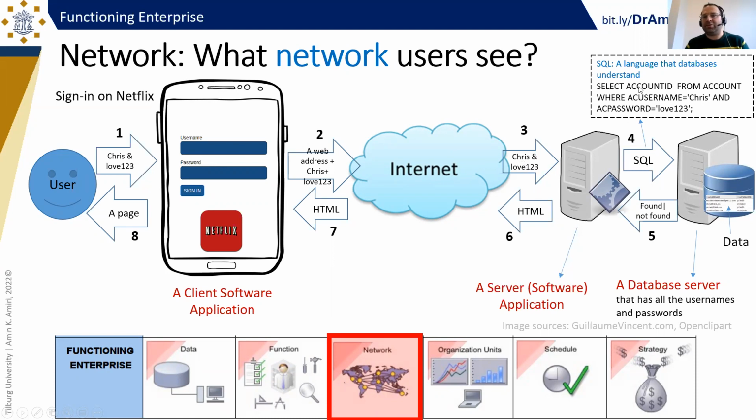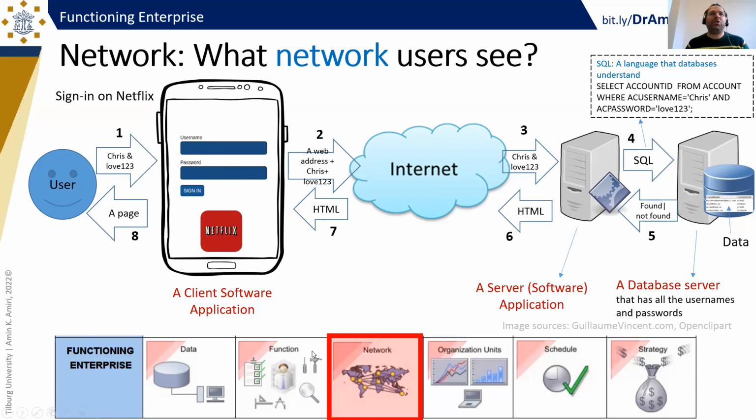You don't need to learn this, just know that it exists. It's written like that, Chris username, Love123 password in that database. And then this database says whether a record like that exists or not. The result is turned into a new language called HTML, which is returned through the internet to the same application, and the application uses that to show you a page. So this is what happens in the real world.